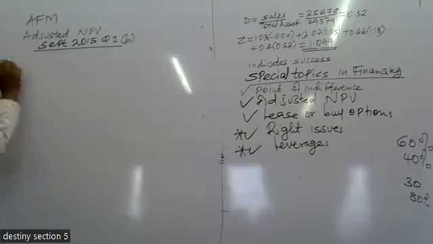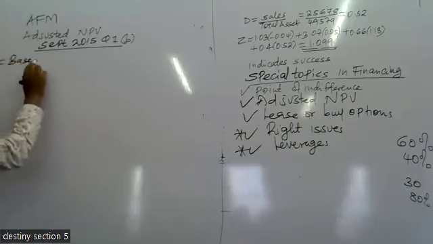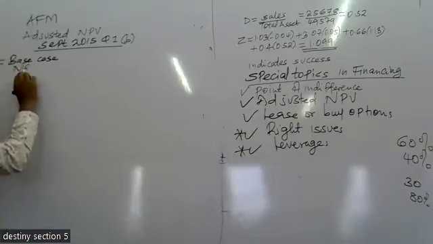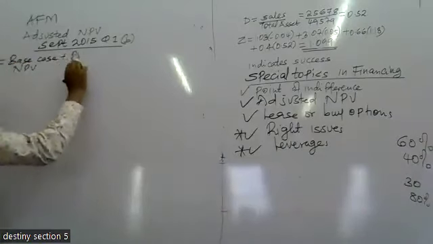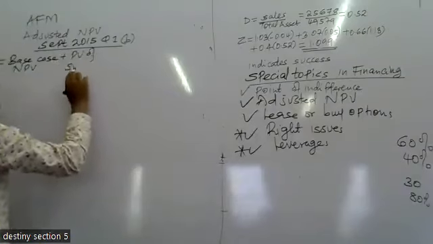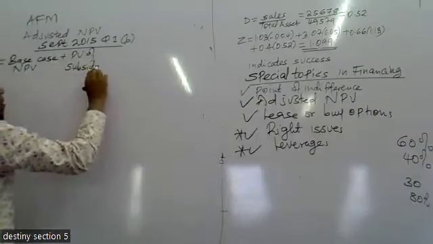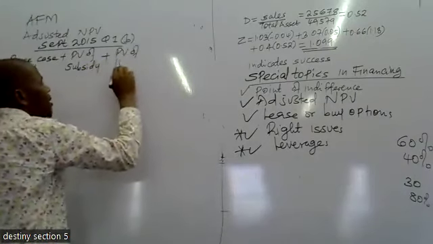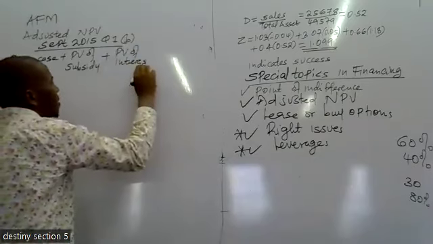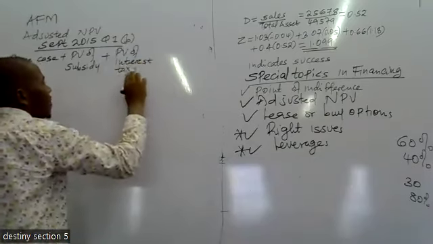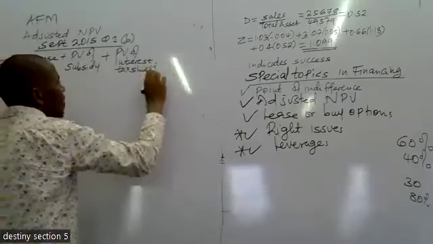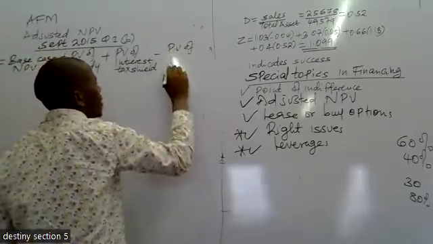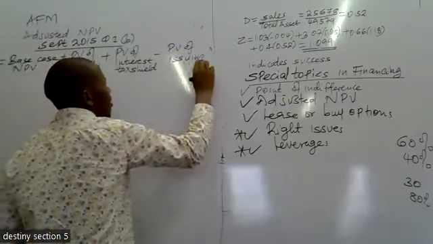Adjusted NPV will be given by the base case NPV plus the present value of subsidy, plus the present value of the interest tax shield, then you minus the present value of issuing or the flotation cost.